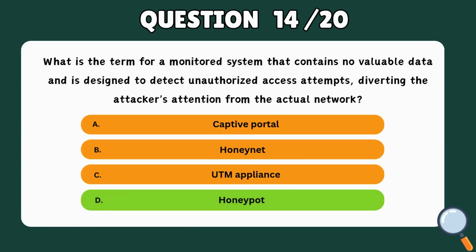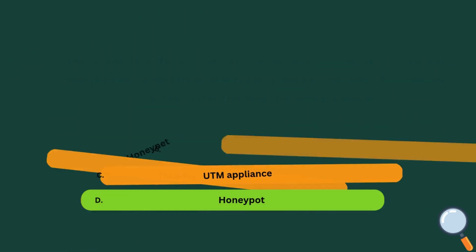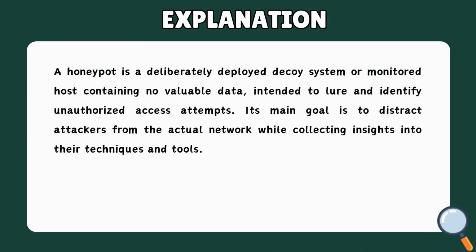Correct answer. D. Honeypot. A honeypot is a deliberately deployed decoy system or monitored host containing no valuable data, intended to lure and identify unauthorized access attempts. Its main goal is to distract attackers from the actual network while collecting insights into their techniques and tools.